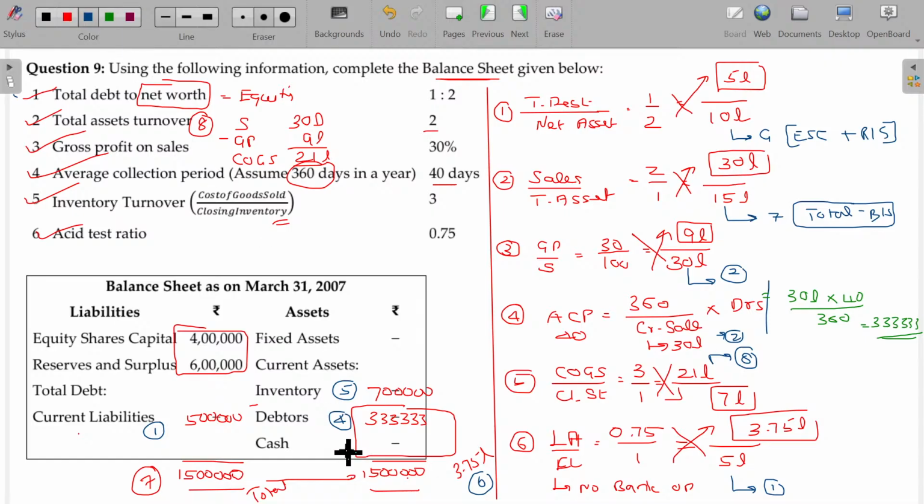Cash will be the balancing figure: 41,667. Tally this to find out the balance for fixed asset. Hope this value be 4,25,000. Clear?